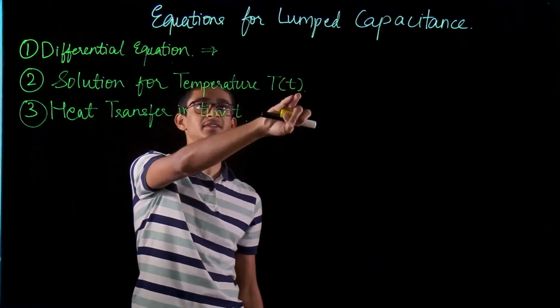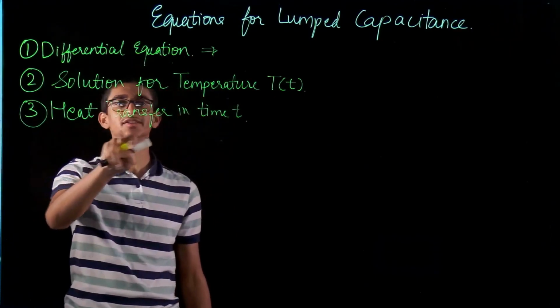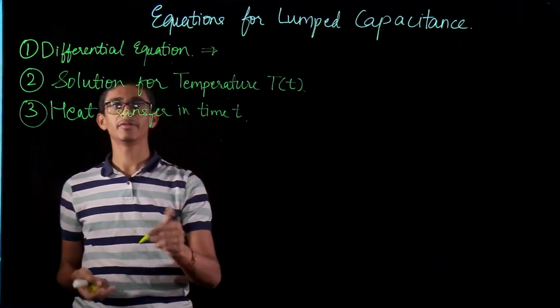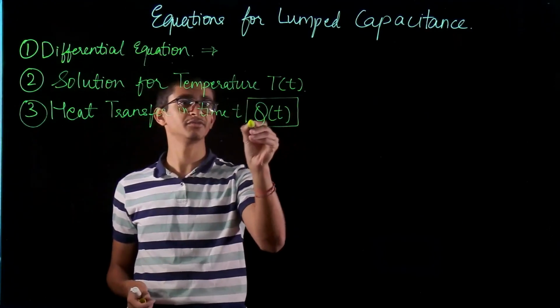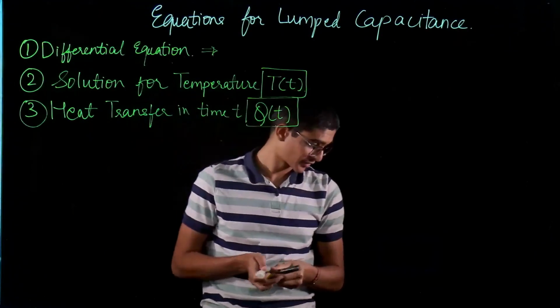That change of temperature is defined by T changing with respect to time t, and the total heat transfer which occurs from the body to the surrounding or from the surrounding to the body is defined by Q. So these are the 3 things we are concerned about. Let's start with the differential equation.